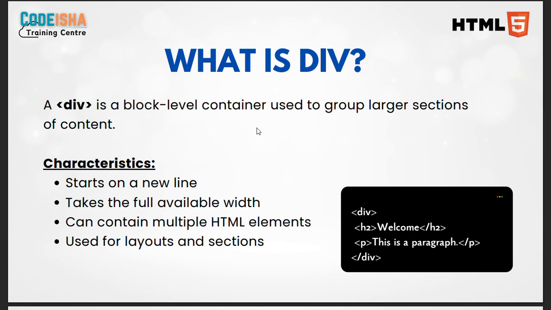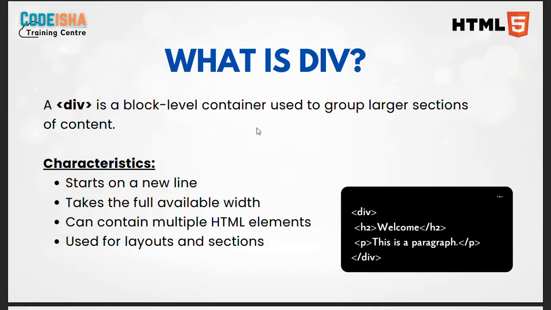A div is a block-level container used to group larger sections of content. It starts on a new line, and it takes the full available width, the total width of the web page.